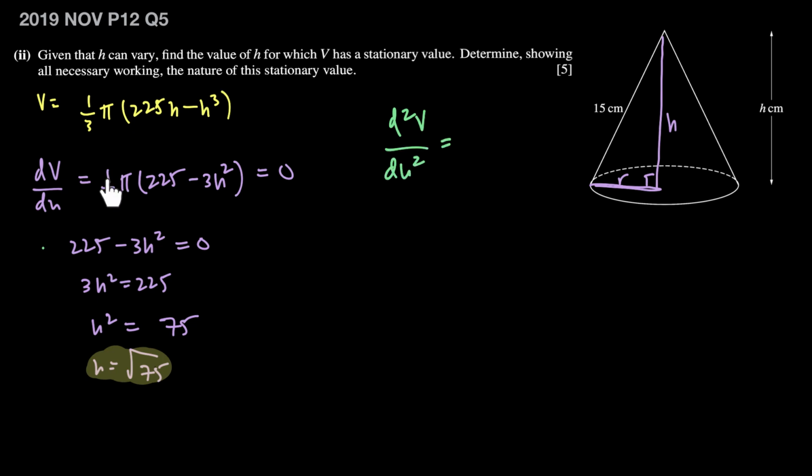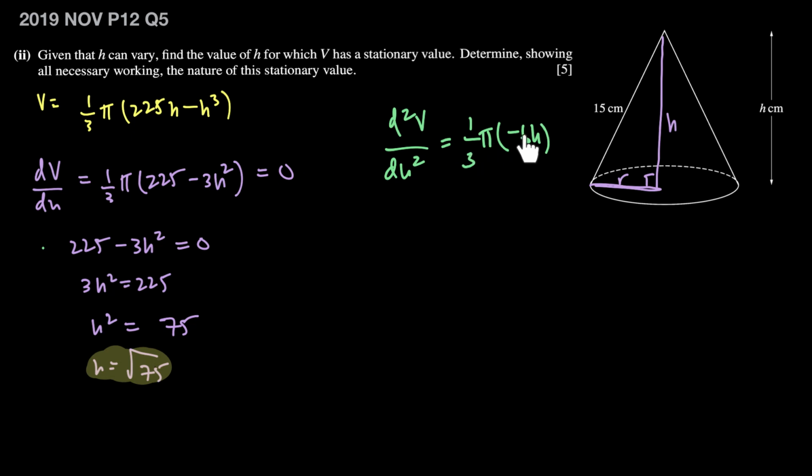What we have here is 1/3 π times (225 − 3h²). That's the derivative. We have to take the derivative of the derivative. So here again, 225 is a constant, so this constant term disappears, minus 3h². So for the second derivative, we get 1/3 π times minus 6h, because 2 times minus 3 is minus 6, and then we just decrease the power by 1.